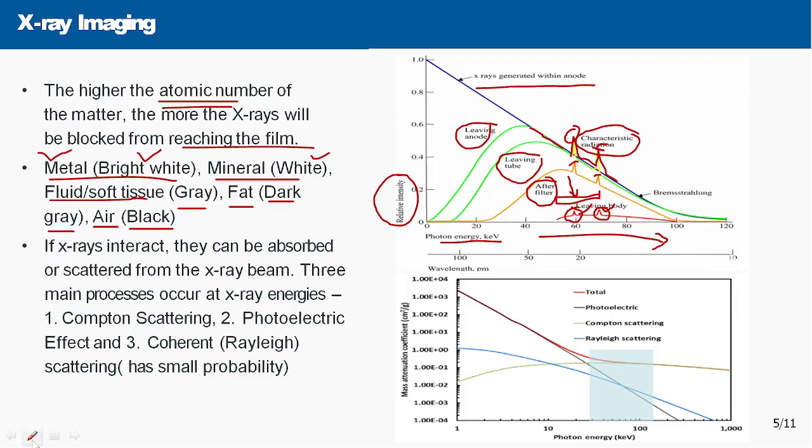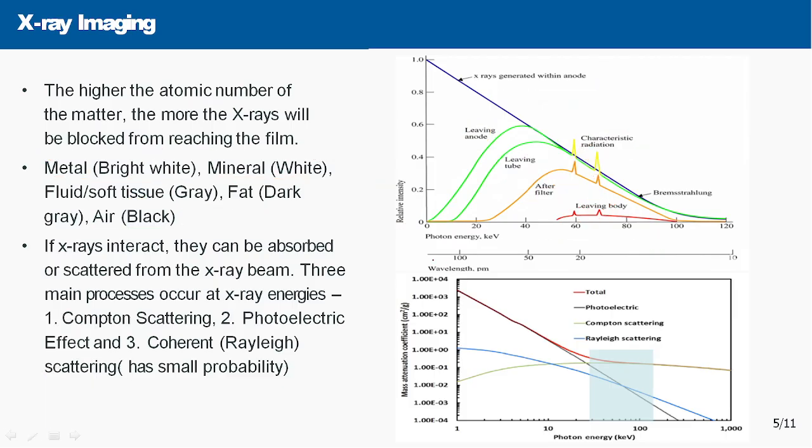Mark one thing: the ideal range is between around 50 to 80, in which we have the two characteristic radiations for imaging. So this is the ideal range of this intensity.